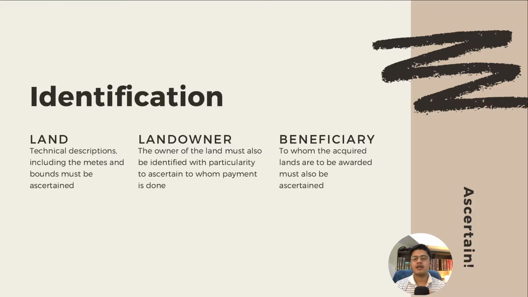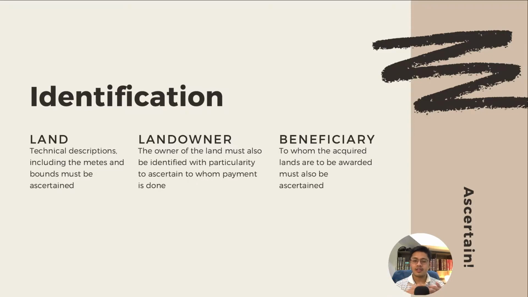All right. But not only the land, because the whole procedure will have to involve payment of just compensation to a person. So we also need in this procedure to identify the landowner. The landowner must be identified, whether the identification be voluntary or compulsory, through ocular inspection, through investigation.